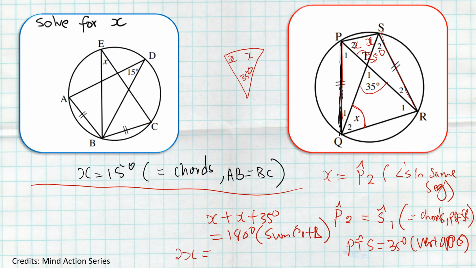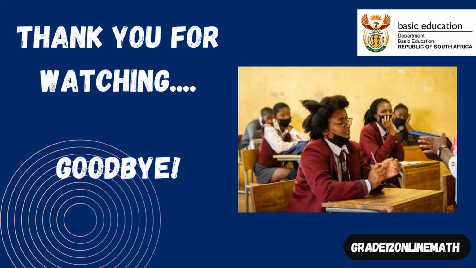So 2x will be equal to 180 degrees minus 35 degrees, which is 145 degrees. Then 145 degrees divided by 2. Our x will be equal to 72.5 degrees.